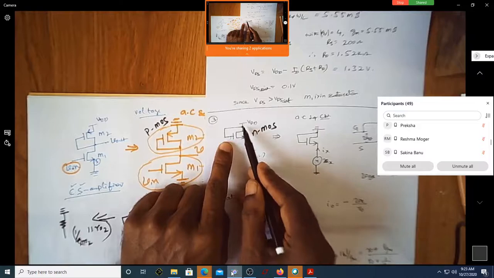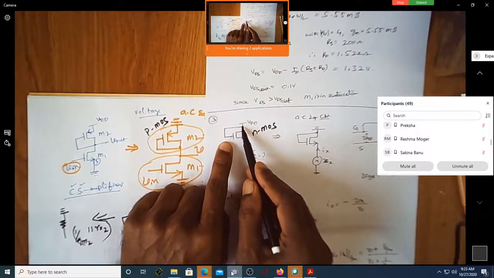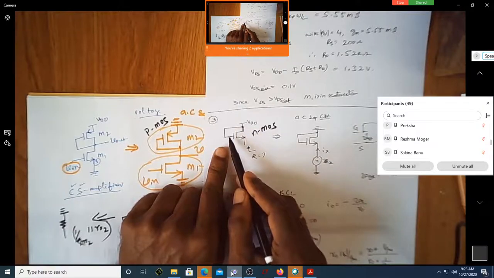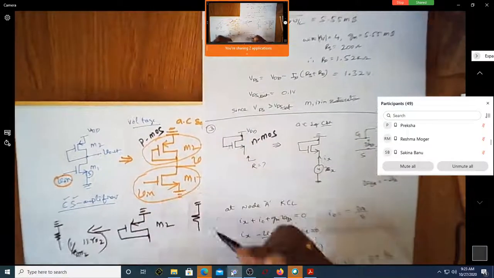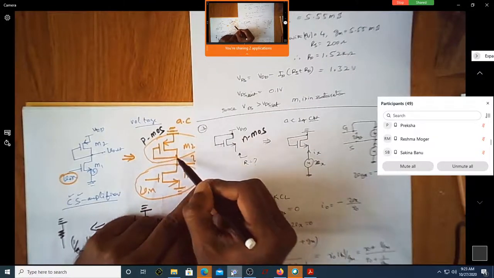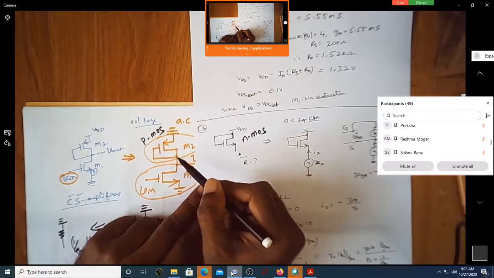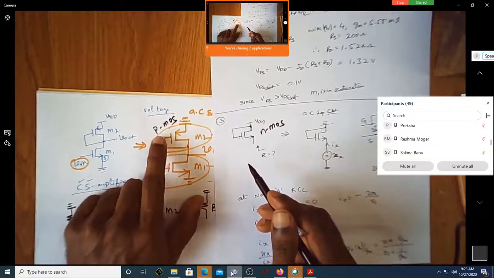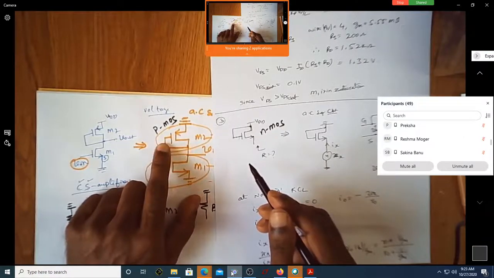Is this not drain? Are the drain and gate shorted? Shorted means they're connected, no? Is it the same case here? Gate and drain are shorted.